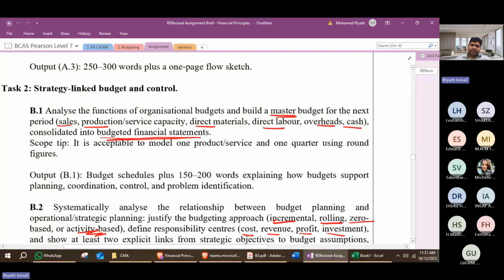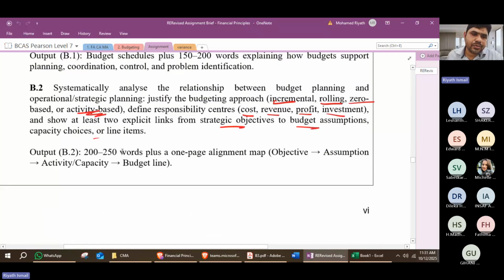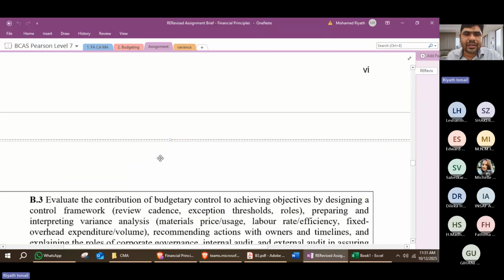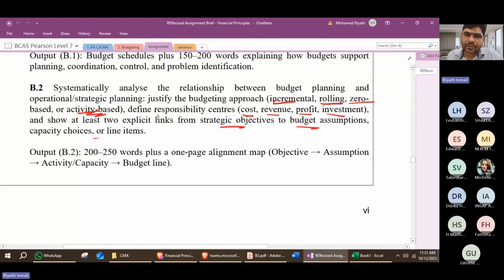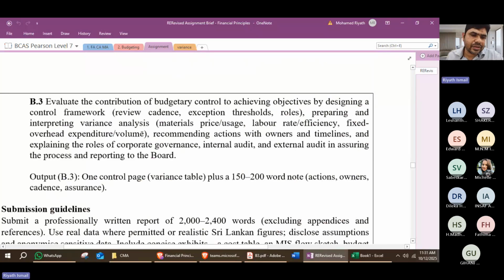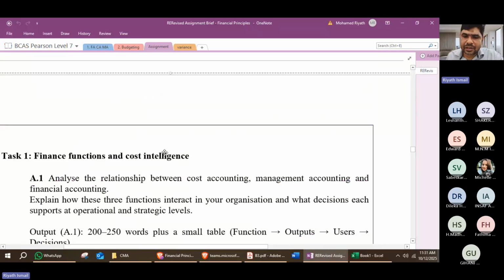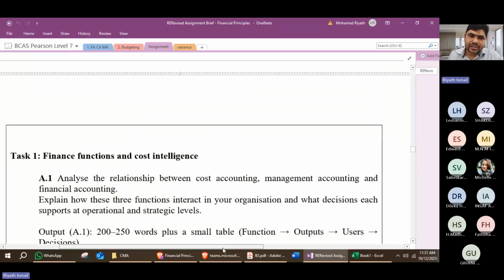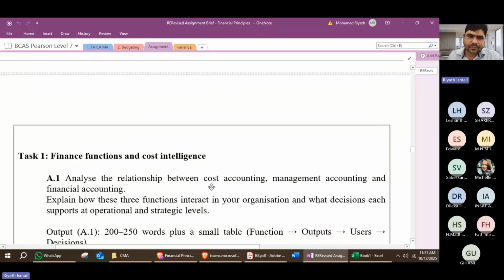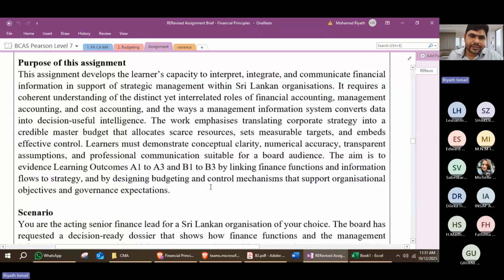You can take one case for B1, another case for B2, another case for B3. You don't want to use the same scenario for all these three. You can use three, and in that way I have planned this. Otherwise, it's very hard, like a research thesis, right?